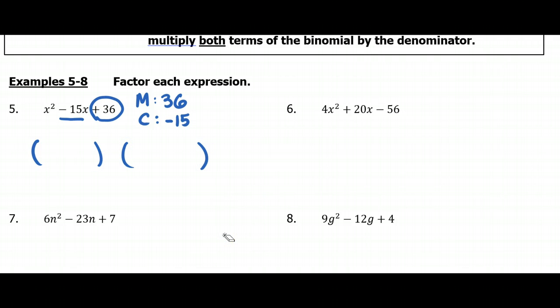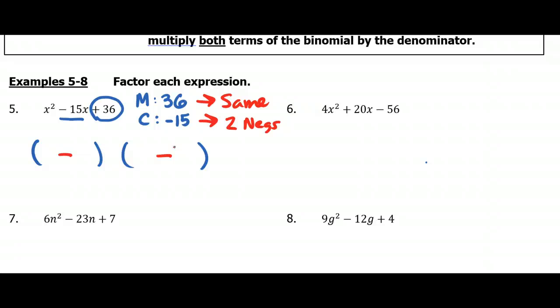Since you're multiplying to get a positive 36, you need to have the same signs. And since we're combining to get a negative 15, that means we need to have 2 negatives. So I'm going to have a negative here and a negative here. Numbers that combine to get negative 15, that multiply to get 36. Take a minute to think about those.